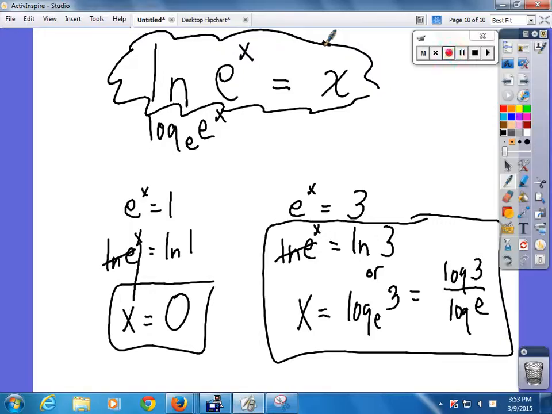Right, you have to go to work. That's the way you do it. Natural log.